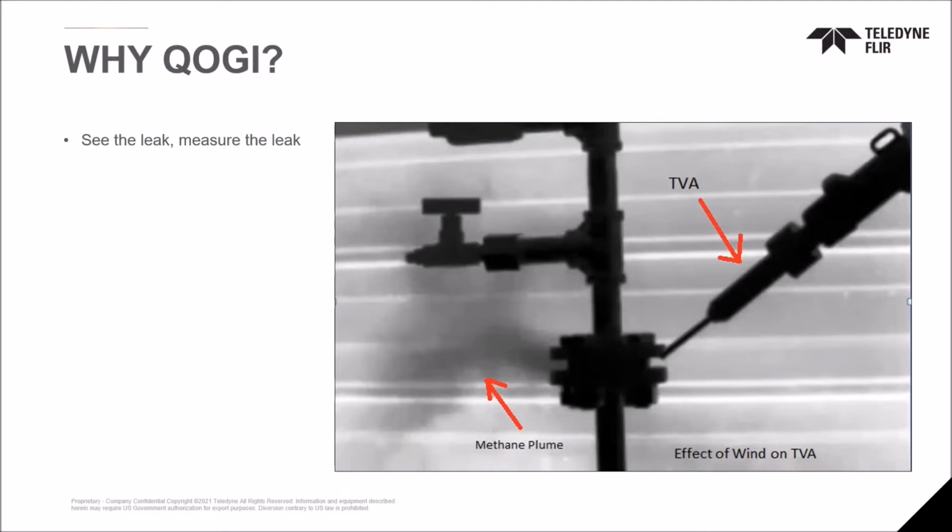You're using a technology that doesn't allow you to see what it is that you're trying to measure. So you're just hoping that you actually happen to stick the device, in this case a TVA or sniffer, in the plume at the precise location where the plume is originating and where the maximum leak detection level of that plume might be. Again, that's really challenging if you have to think about the capabilities of just blindly measuring emissions.